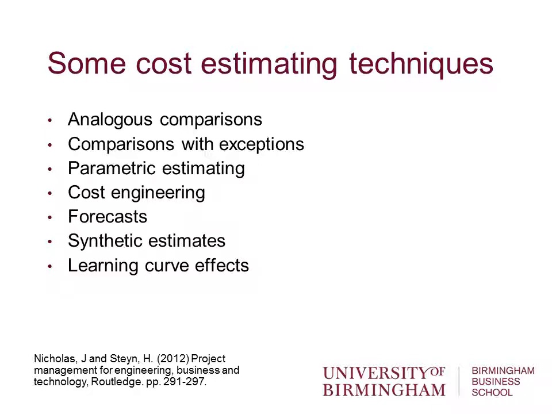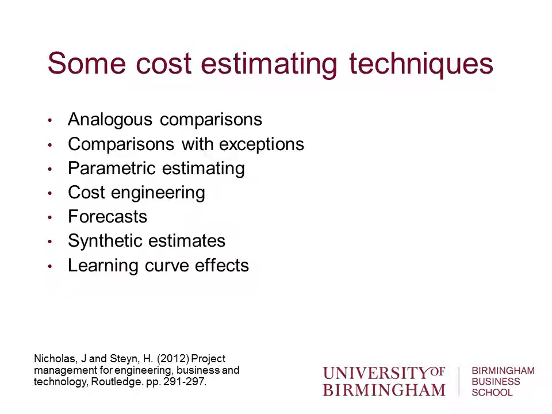Okay, so I've got some examples of estimating techniques. Many of these are very similar. I mean, analogous comparisons is looking at previous projects which are similar to the project we're carrying out now and saying, well, if that hospital costs that much, then this hospital will cost a similar amount.